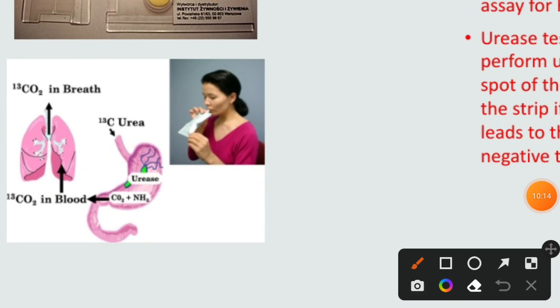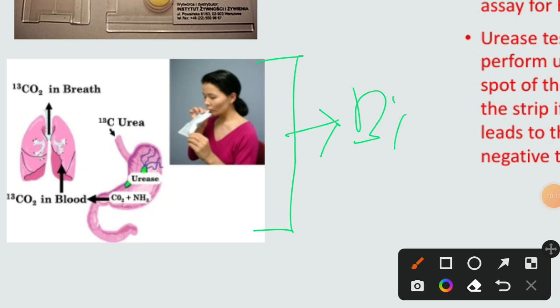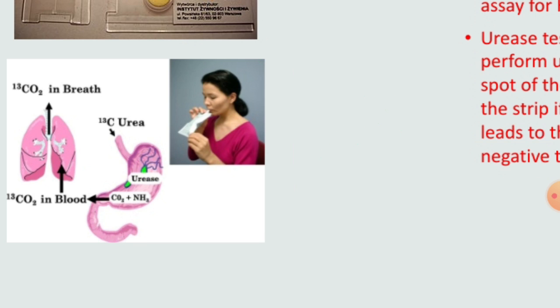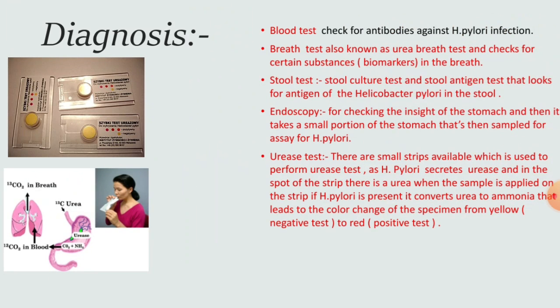In the urease breath test we are looking for biomarkers, especially for Helicobacter pylori, in the breath. Okay, along with that, a blood test is available for detection of the antibodies that the body has developed against Helicobacter pylori, along with a stool test.